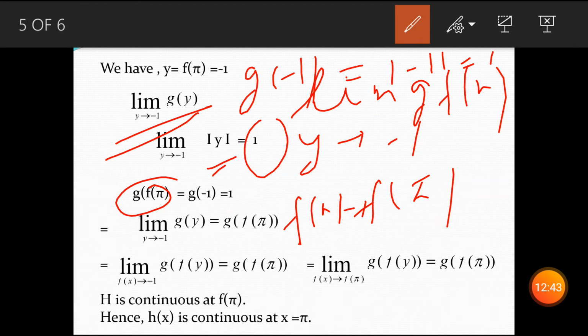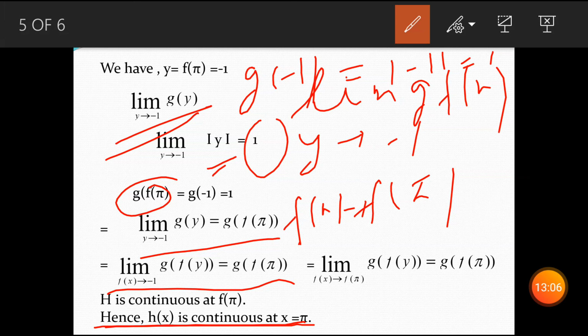So it means the function value is equal to the limit value. So therefore we can say that g is also continuous at pi. So both the functions are continuous at pi, then their composition will also be continuous at x equals pi.